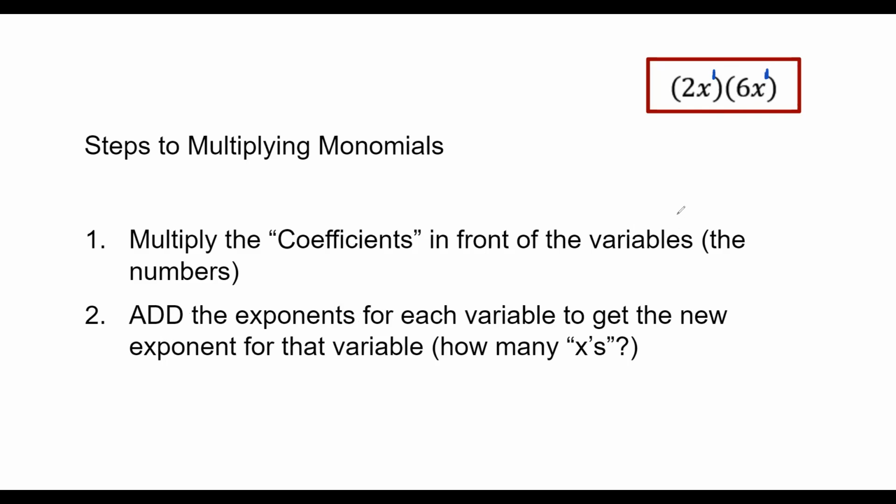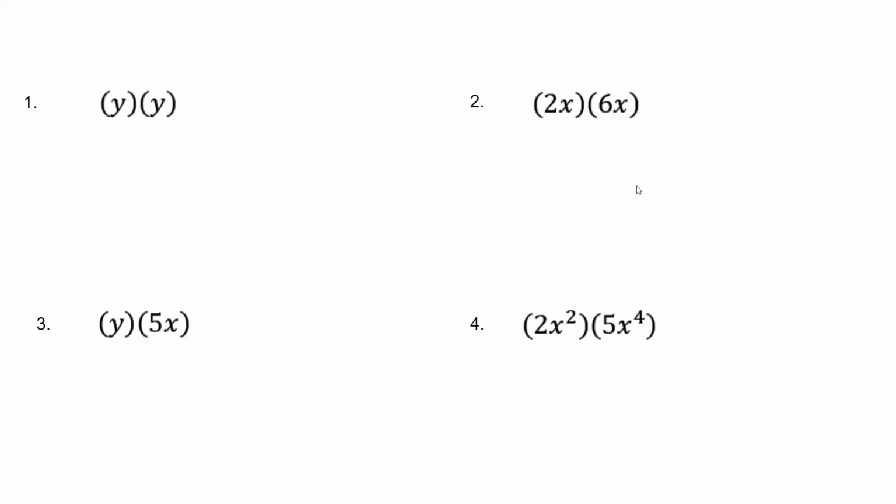That will be very helpful for working through these problems and getting them correct. Remember, when the variable does not have an exponent, it really has an exponent of 1. Okay, let's get to those practice problems, or actually those demonstration problems, I should say. I have 4 of them.